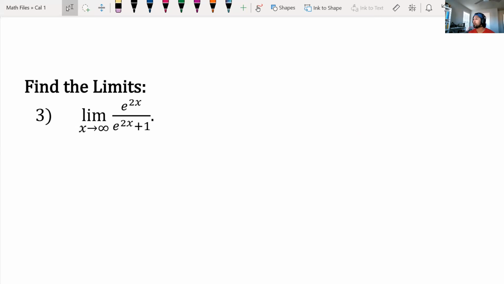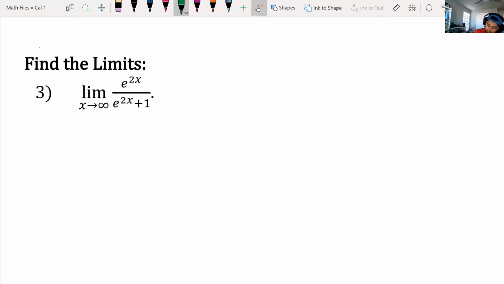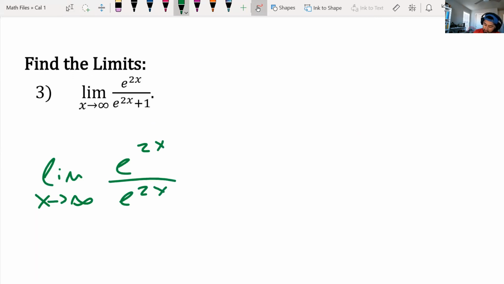So for this limit, we're going to use the power trick, which means we're going to divide everything by the highest power in the denominator. So what am I going to divide everything by? More of e to the 2x, right? You got it. So I'm just going to divide everything by e to the 2x.